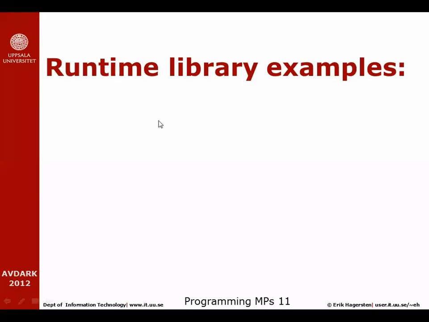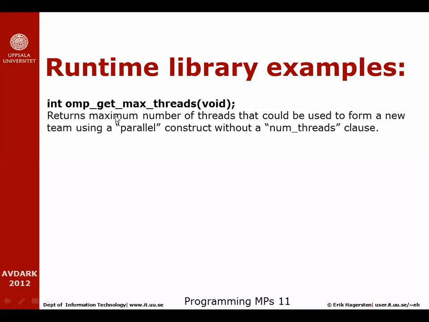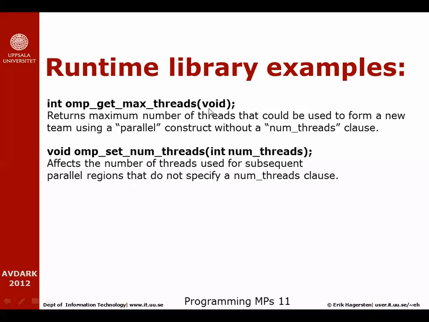Of course, there are also explicit functions and calls to the runtime library itself. So you can write OpenMP code that has more explicit control over what's going on. For example, you can just call this function to find out how many available threads there are, that is, what's the maximum number of threads you possibly can use on this machine.